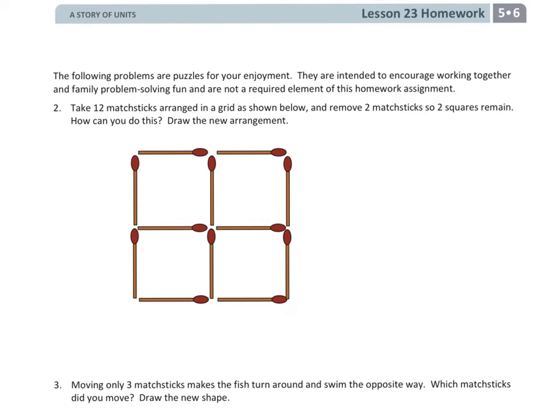Draw the new arrangement. So I'm going to remove 2 of these matchsticks and I'm going to color them out. Actually, I'll cover them up. And I'll show you what my thought is. My thought is if I cover this one off to the side here, cover that one, and I got to cover one more.